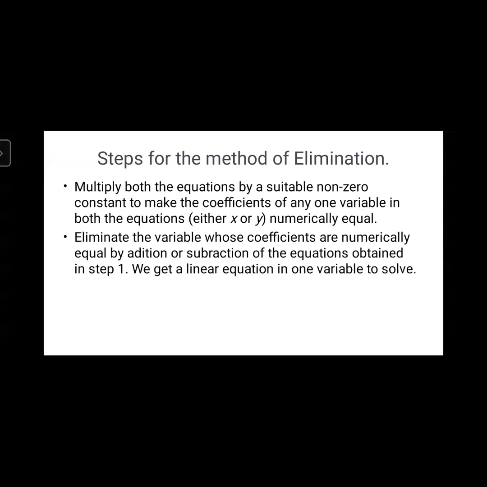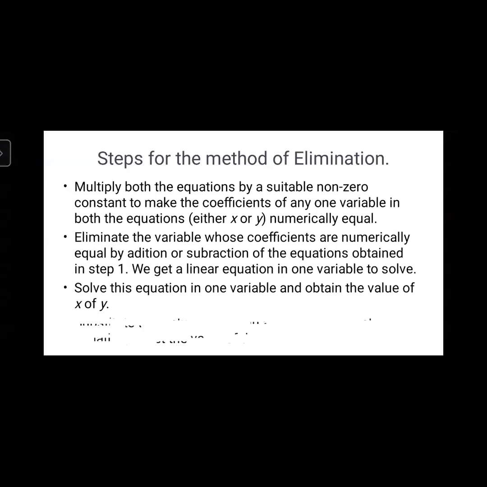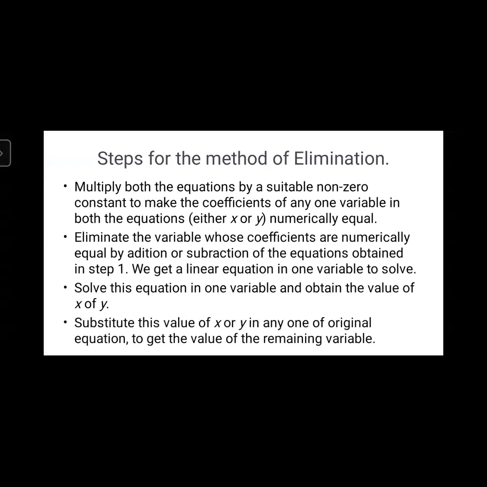We get a linear equation in one variable to solve. Solve this equation in one variable and obtain the value of x or y. Substitute this value of x or y, and if you get the value of x, you will substitute that value of x in any of the original equations to get the value of the remaining variable.